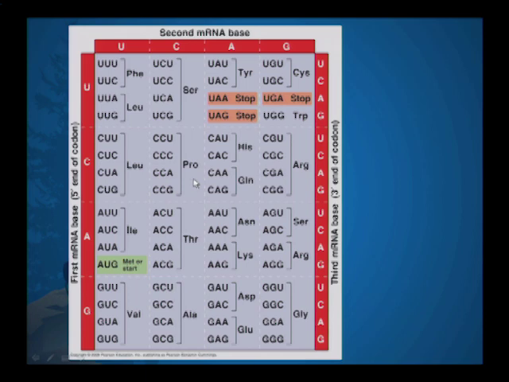That's going to code for proline in a human. That's going to code for proline in a bison, elk, aspen, willow, the bacteria. It doesn't matter what organism we talk about in the Yellowstone ecosystem, they're all going to use exactly the same code. So if we know the nucleotide sequence of an mRNA, looking 3 bases at a time, 3 nucleotides at a time, we can determine the amino acid sequence of a protein.